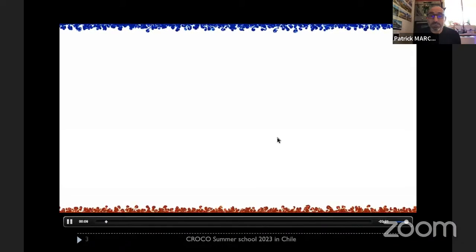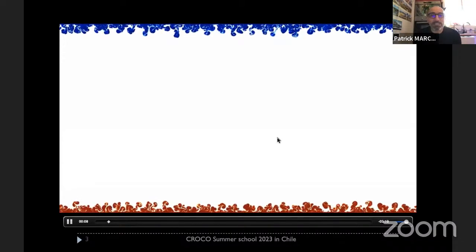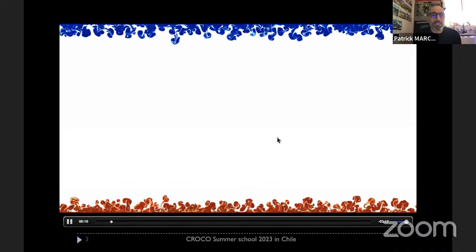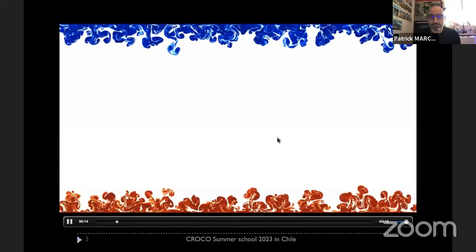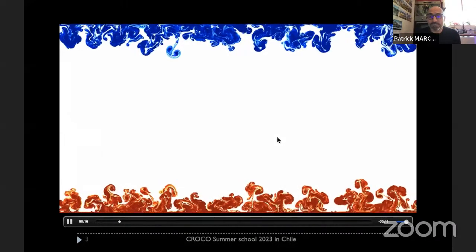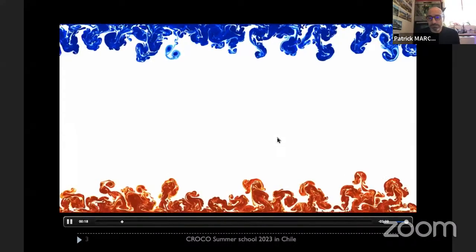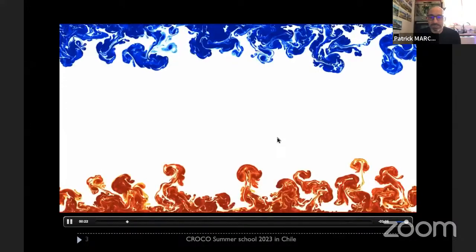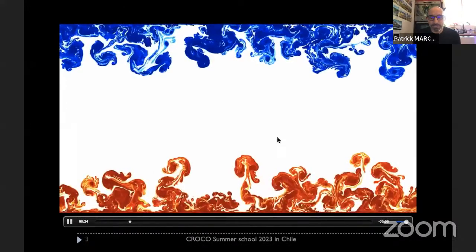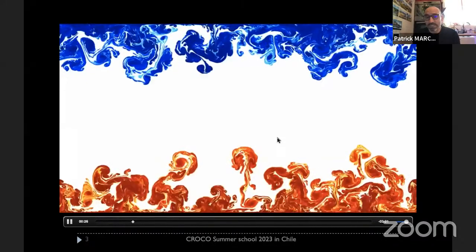an introduction of the subject. This is a simulation that was not done with CROCO, but could have been. It shows convection of fluid. At the surface, it is heated, and at the bottom, it is cooled. So it is typically a non-hydrostatic regime of circulation that is convection.